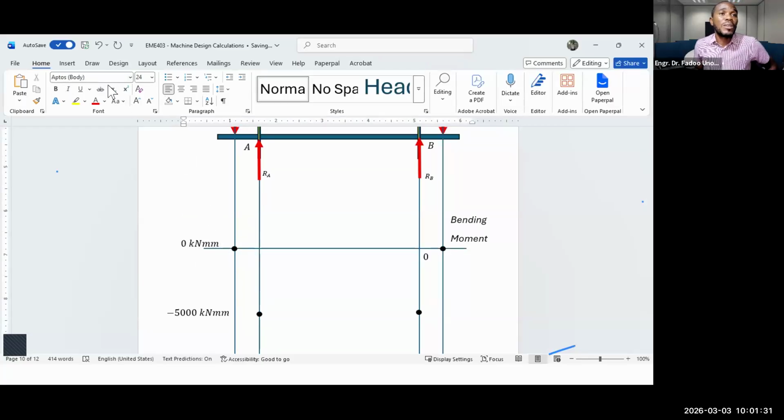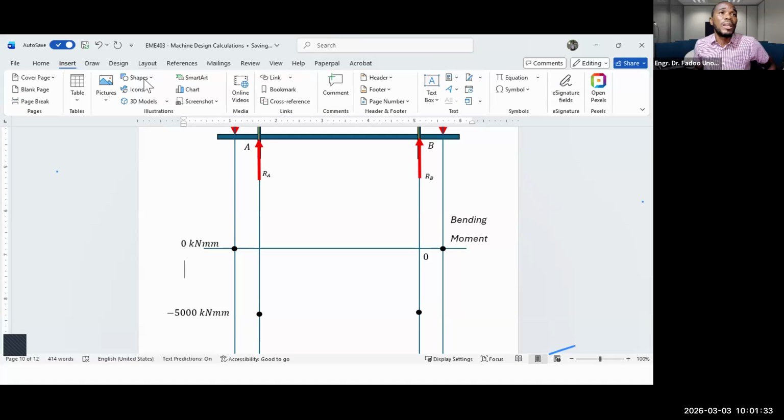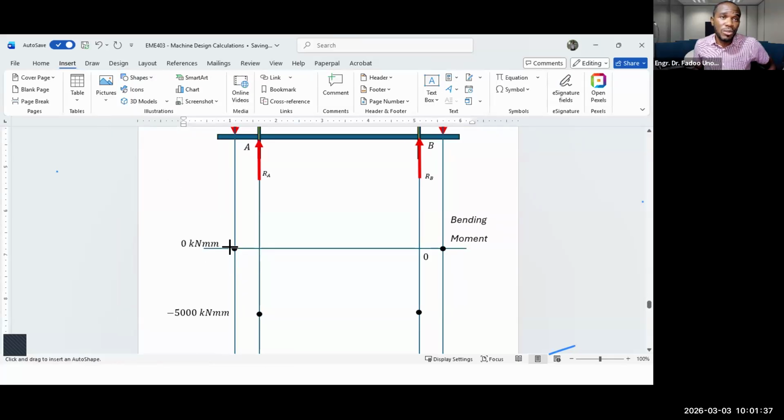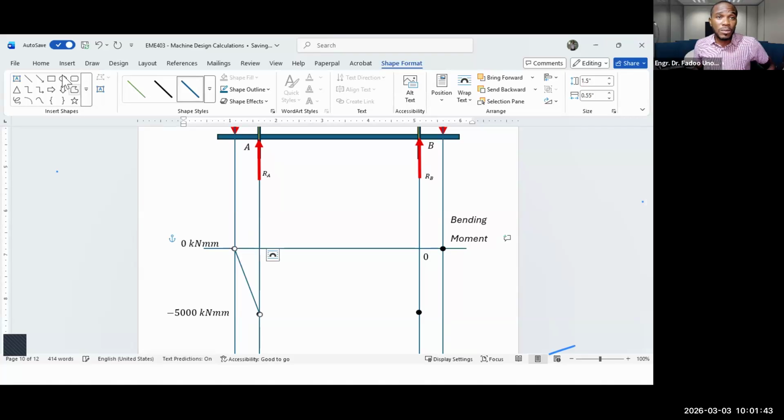So we're going to pick a line. We're going to draw from there to here, right? And then from here to here, it should be horizontal. That is obviously not horizontal, so I'm going to make it horizontal 0.